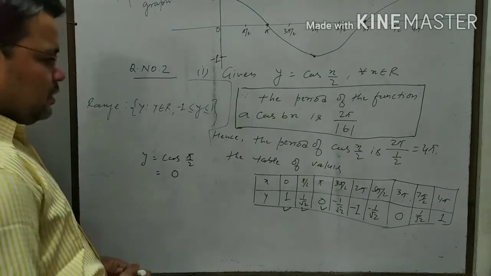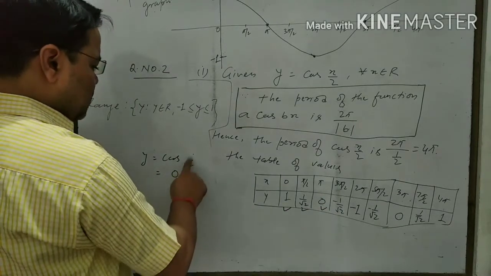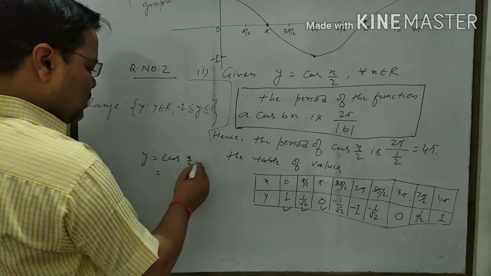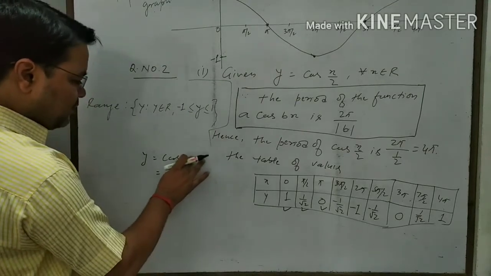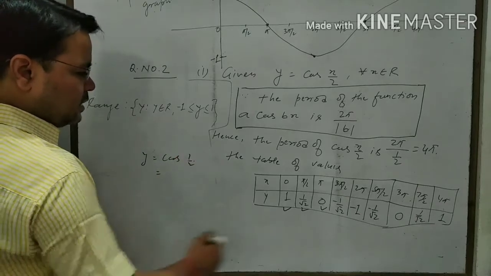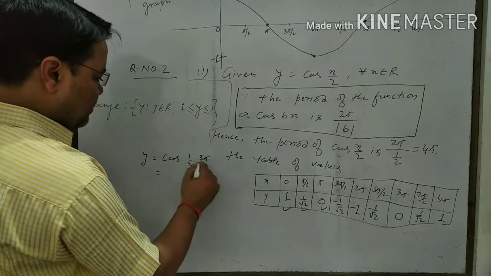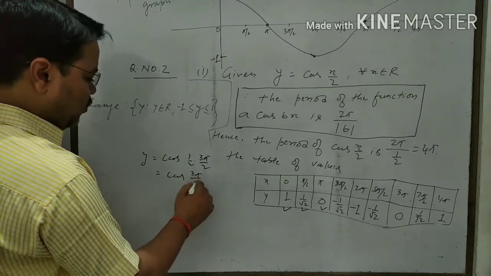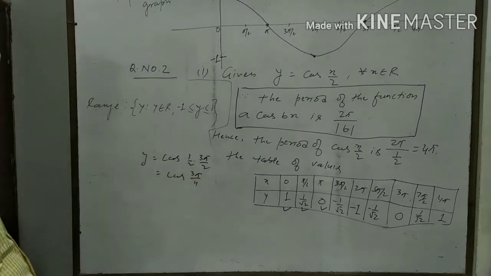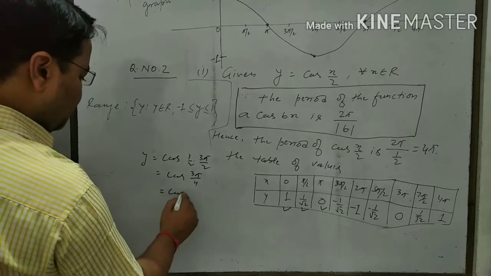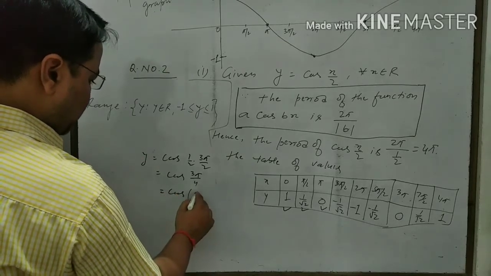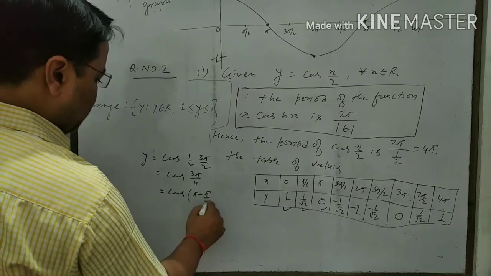Getting? Now, if we take x is equal to 3 pi by 2, then in x by 2 we write 3 pi by 2, and it will be cos 3 pi by 4. Cos 3 pi by 4 can be written as cos of pi minus pi by 4.